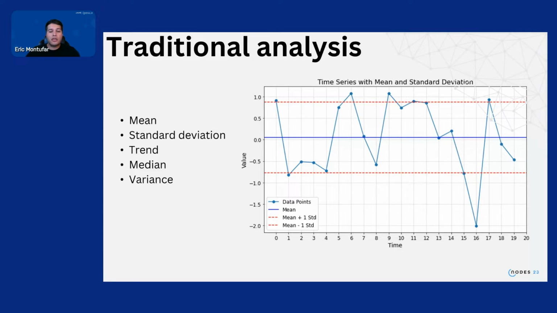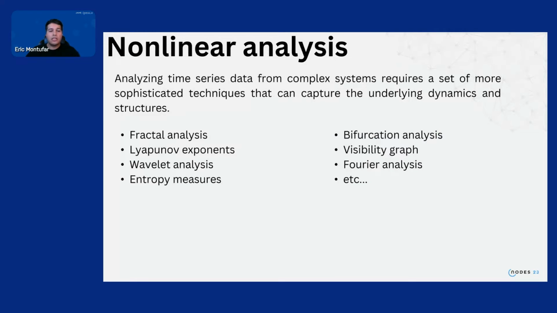For those kinds of scenarios, we have different methods, such as nonlinear analysis. These techniques allow us to analyze more complex systems and get the underlying dynamics of these phenomena, as well as the behavior of the system.